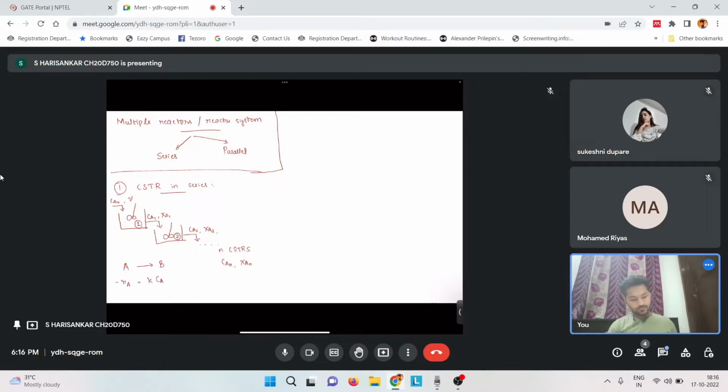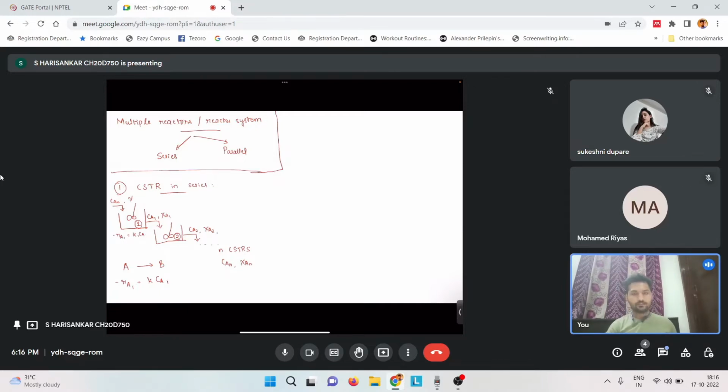So let's say the reaction rate constant varies with these reactors. For system 1, we'll have minus Ra1, which is K1 CA1, right?